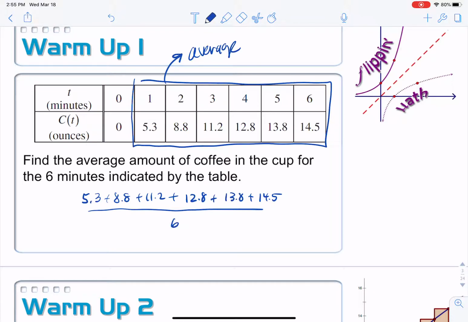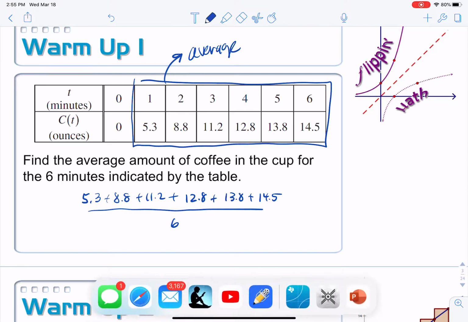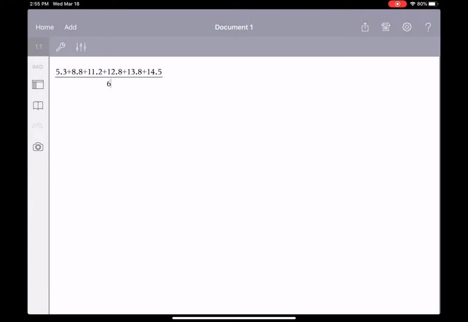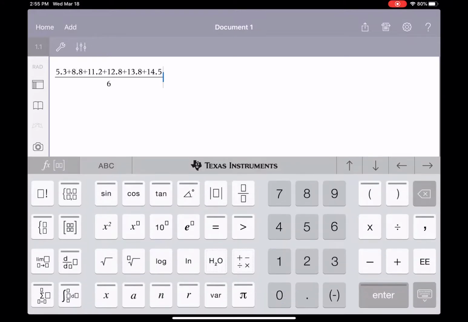And if I'm not mistaken, this was a calculator active question, so I will pull up my calculator application here. I've already typed it in because nothing more boring than just watching somebody type something into the calculator, especially something as long as this. All right, hit enter. I'm going to hold and enter so I can approximate this value.